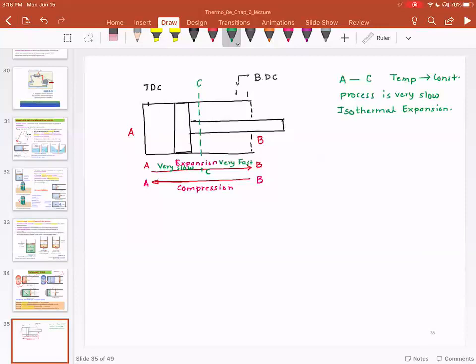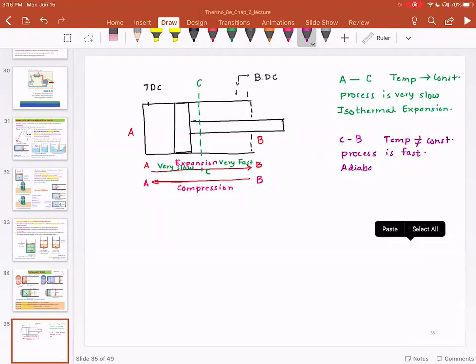So from point C to B, the temperature is no longer constant, but the process is fast, and this is adiabatic expansion.